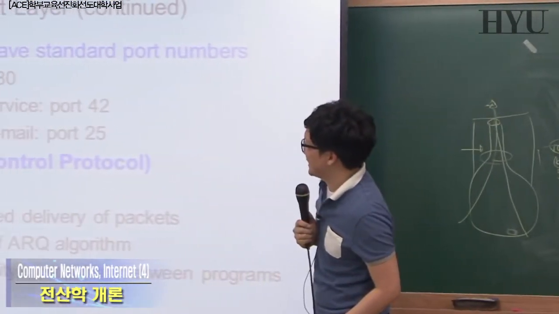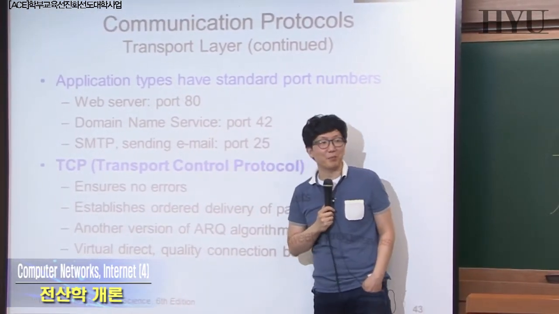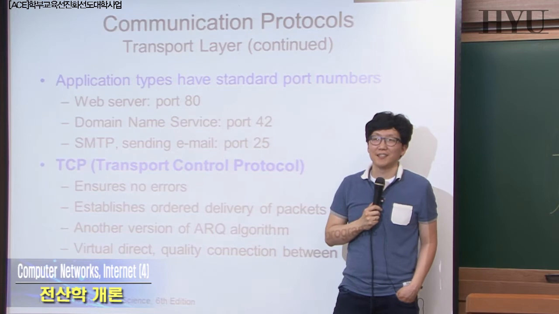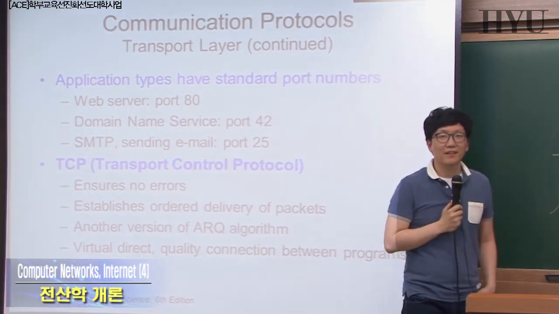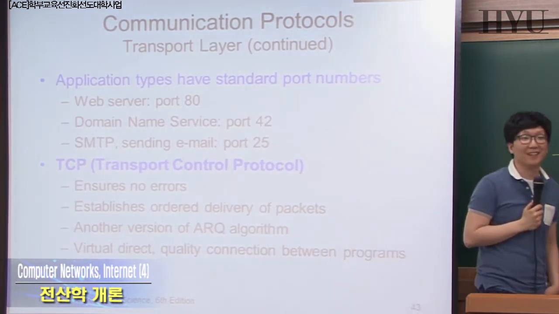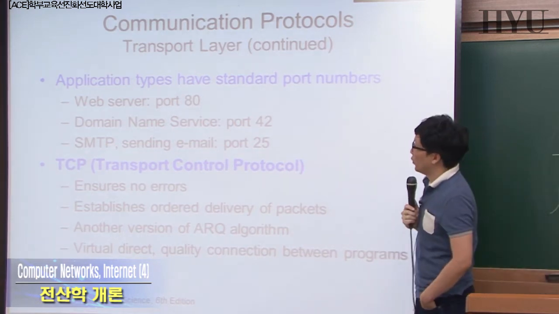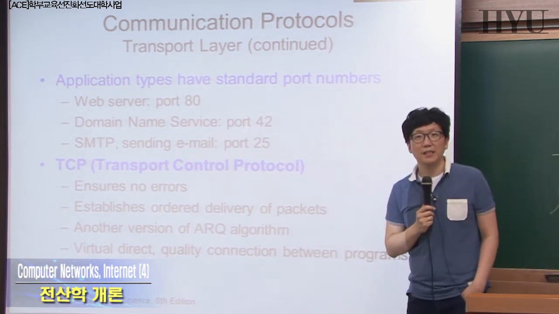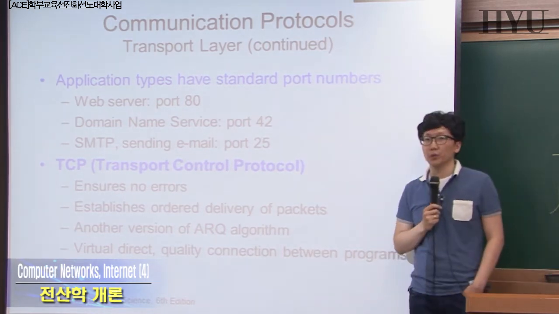So this is what I just explained. If port number 80 is open, then it's probably your web server is running. 80 말고 또 하나 있어요. There might be other port numbers too. 8080. 그죠? HTTPS, secure protocols, 암호 들어간 것들. Or domain name service, DNS service. The DNS servers must open up a port number 42.